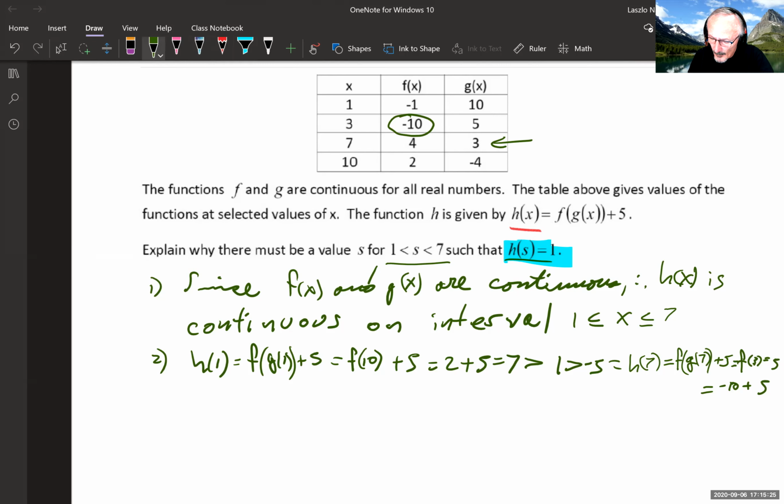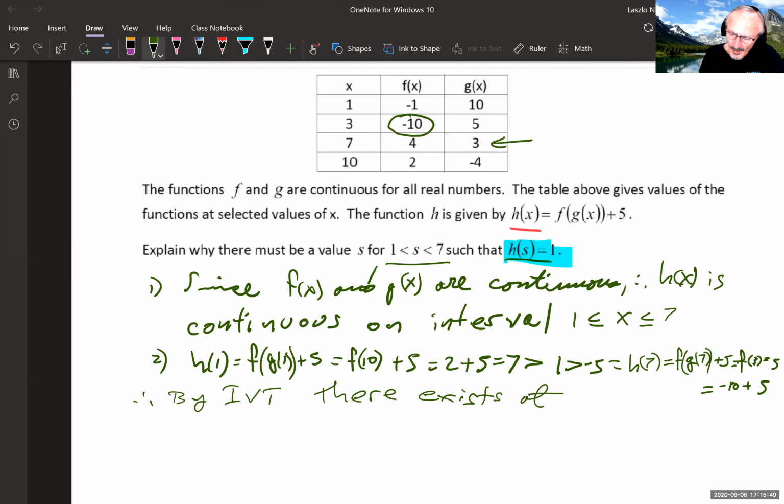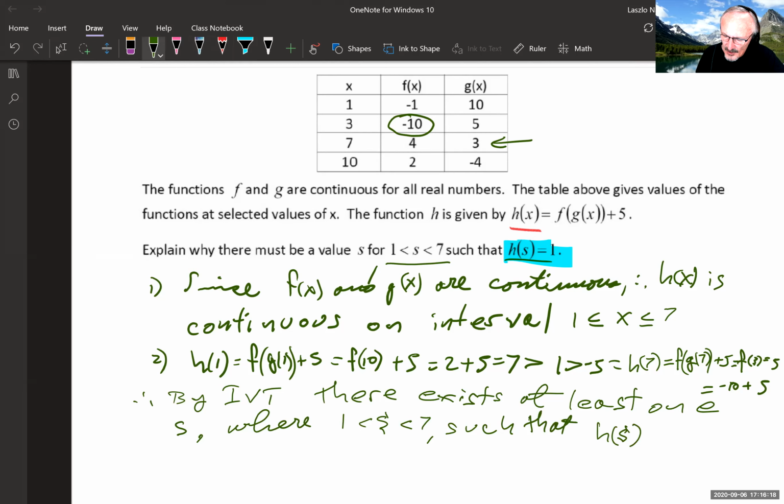And since 1 is between the y-coordinates of the endpoints, between 7 and negative 5, therefore, by IVT, there exists at least one s between 1 and 7 such that h of s is equal to 1. And so you're done. That was awesome.